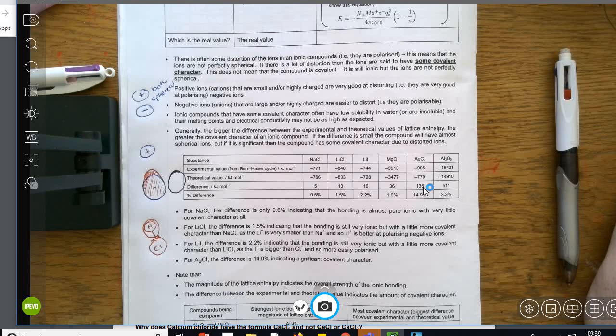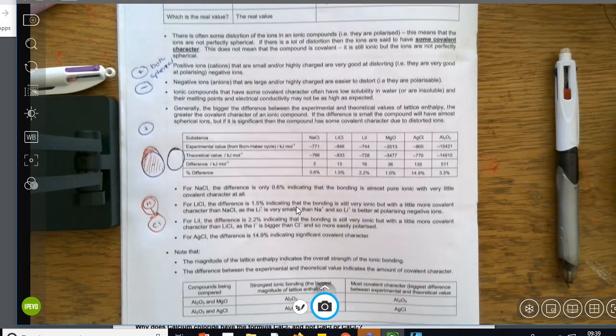It's about 135, which is about 15%. So this very much has a lot of covalent nature to the ionic bond. You can see then aluminium oxide is another one with quite a substantial negative charge. Okay, so I'm showing you that.